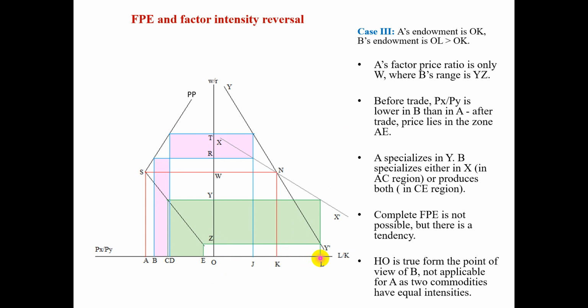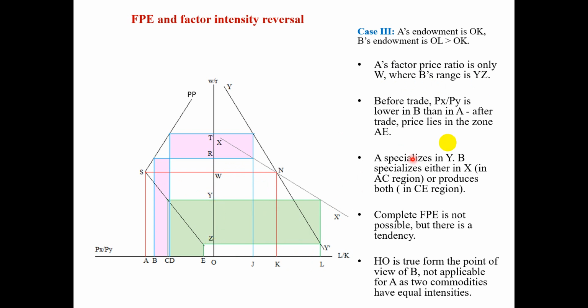So now B is relatively more labor intensive. A's factor price ratio is only W because its endowment is OK. But B's range is YZ. So this is B's range, YZ.